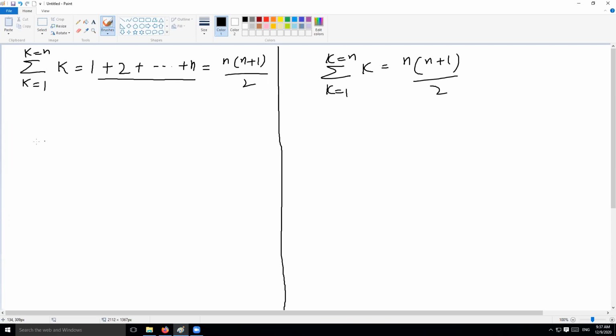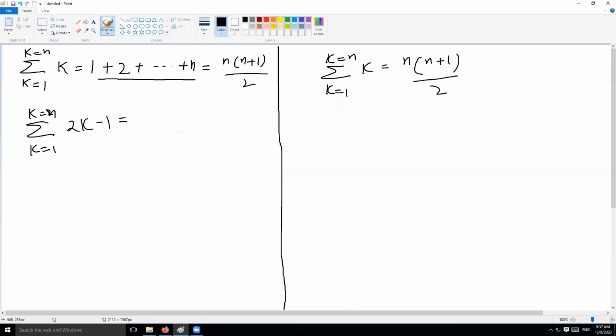How about if you have k equal to 1 to k equal to n, and 2k minus 1 actually.